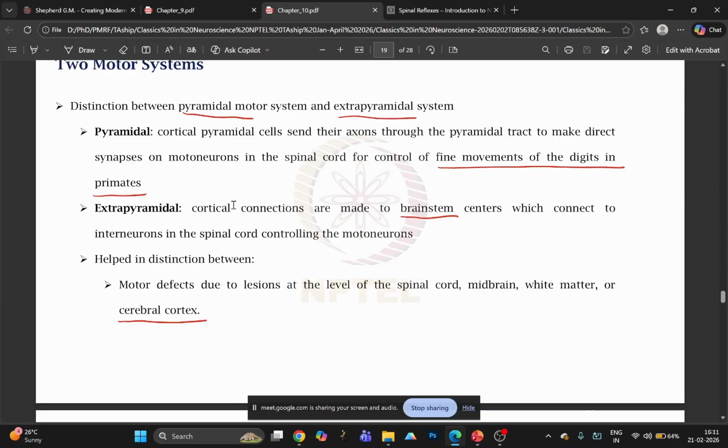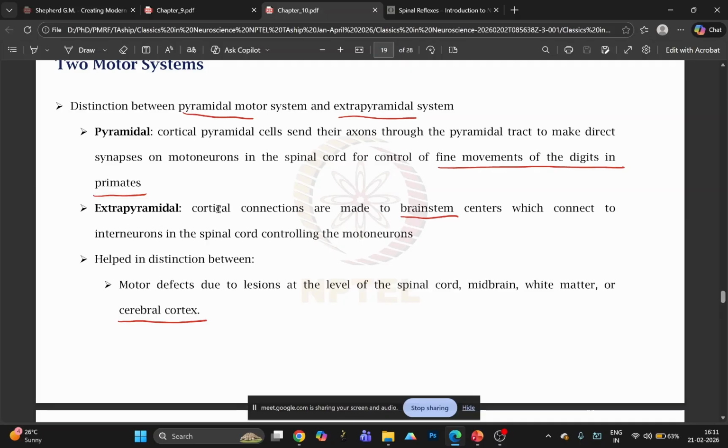So the cortical connections are being made to the brain stem, and these brain stem centers are then connecting with the interneurons in the spinal cord. Then those interneurons are controlling the motor neurons. So the connections are not being made directly in the case of the extrapyramidal systems.